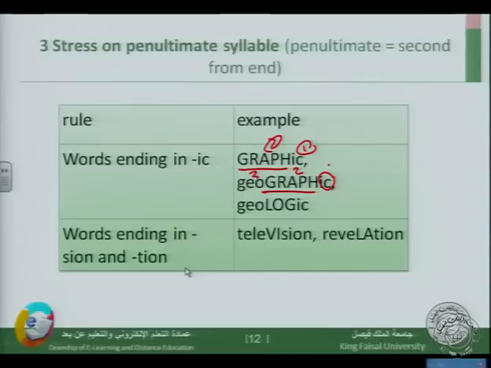Okay, so as you can see, most of the words that end with IC have the stress on the penultimate.